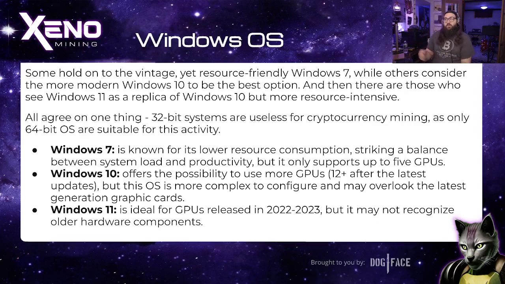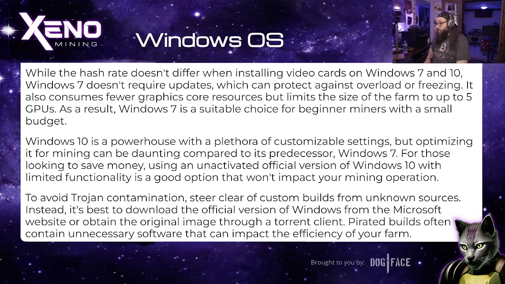If we're going back to the conversation about will GPU mining exist for Xeno, it could. It totally could. Not saying that it won't. But these are a lot of the questions that we'll need to ask ourselves on what is the best way to make our GPU mining farm the most efficient, right? So let's take a look.